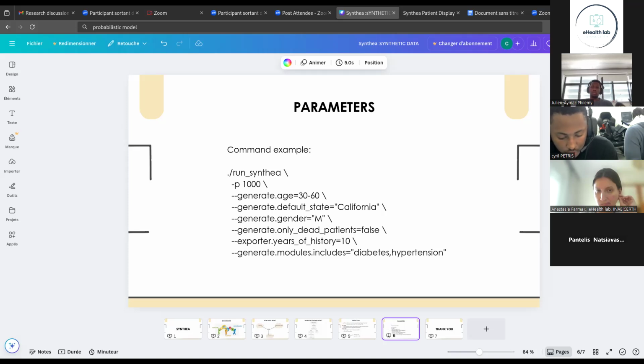We can also set the medical history of the patient. Basically, this means the patient will have 10 years of medical history. And we can also select which disease we want to have. But I think the simplest is to show you how it works.